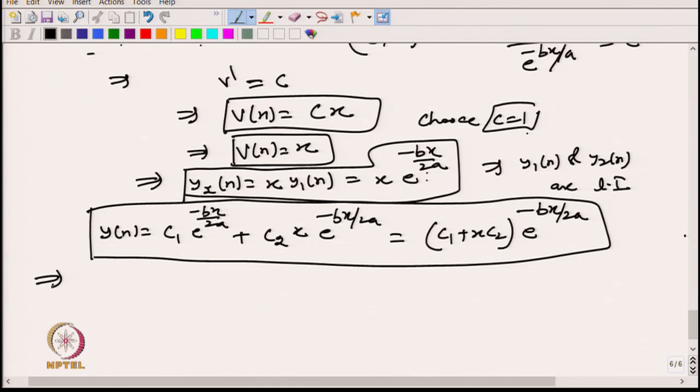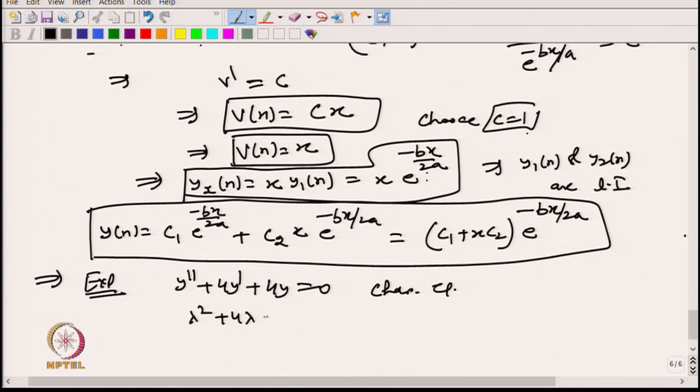Now, let us take one example based on this one. So, let us solve this one. I have a differential equation y double dash plus 4y dash plus 4y equal to 0. So, in this case my characteristic equation will be lambda square plus 4 lambda plus 4 equal to 0, and here I will say that this becomes (lambda plus 2) whole square equal to 0.